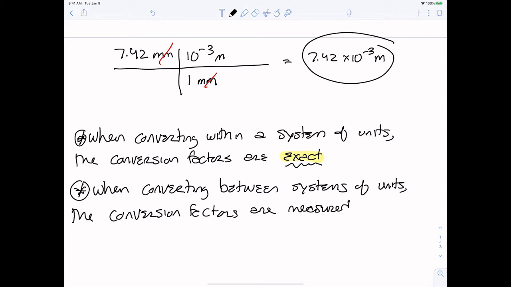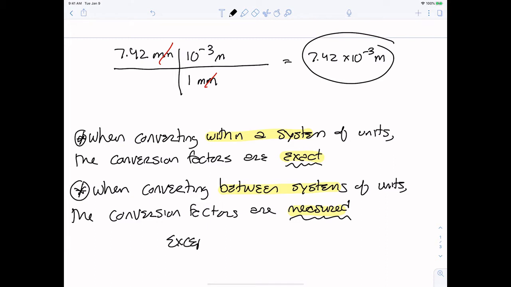They're actually not exact. So within a system versus between systems: if I'm going between systems, I do need to pay attention to the number of significant digits in the conversion factors. There is one exception to that.